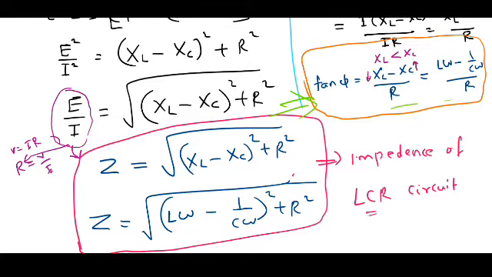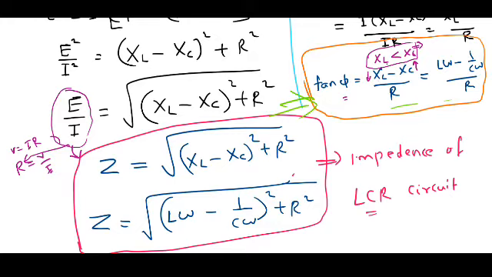The numerator is negative, so tan phi is negative. Tan phi negative means the inductive reactance is smaller and the capacitive reactance is larger. Then the circuit behaves as a capacitive circuit, where the voltage lags behind the current. Therefore, in this LCR circuit also, if XL is less than XC, the voltage lags the current.